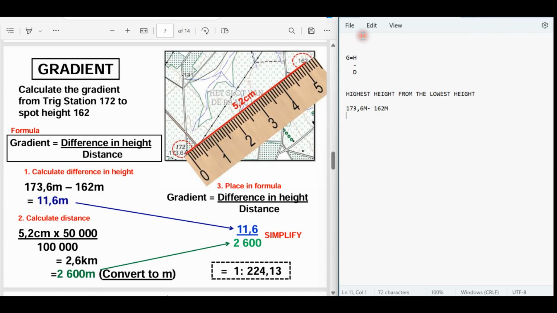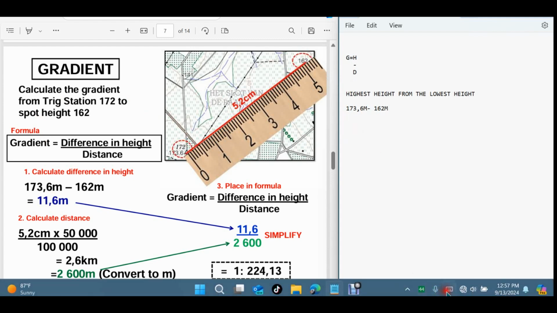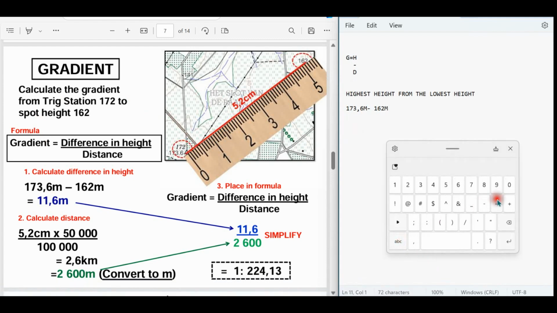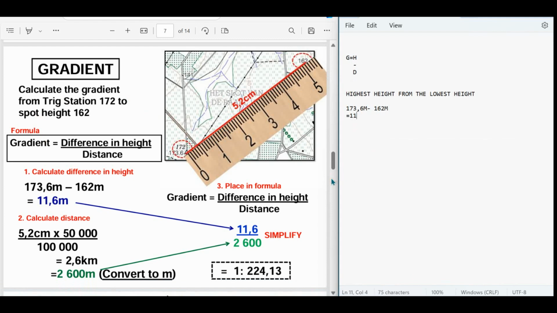This means that from the gradient point of view, we now have the h, or the height, which we find by subtracting 162 from 173.6, which is the difference in height of the two geographical objects. Before we divide, we have determined that the height is equal to 11.6.